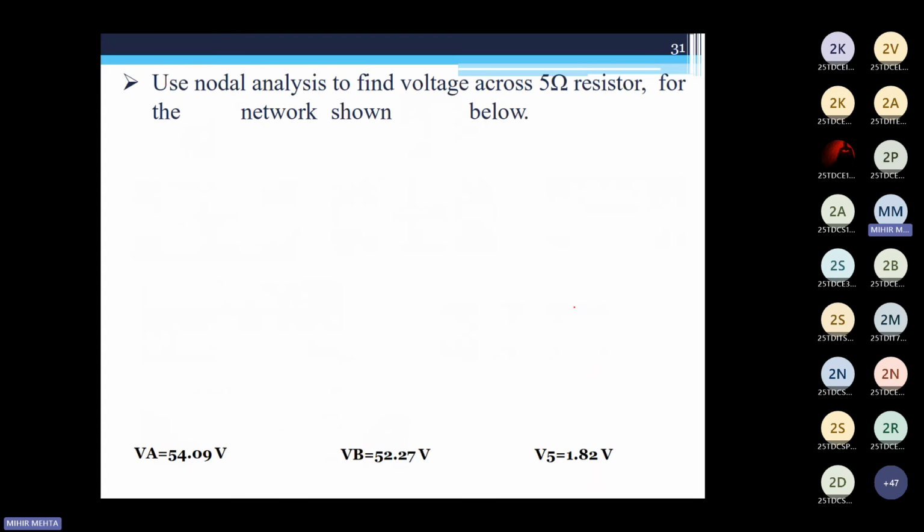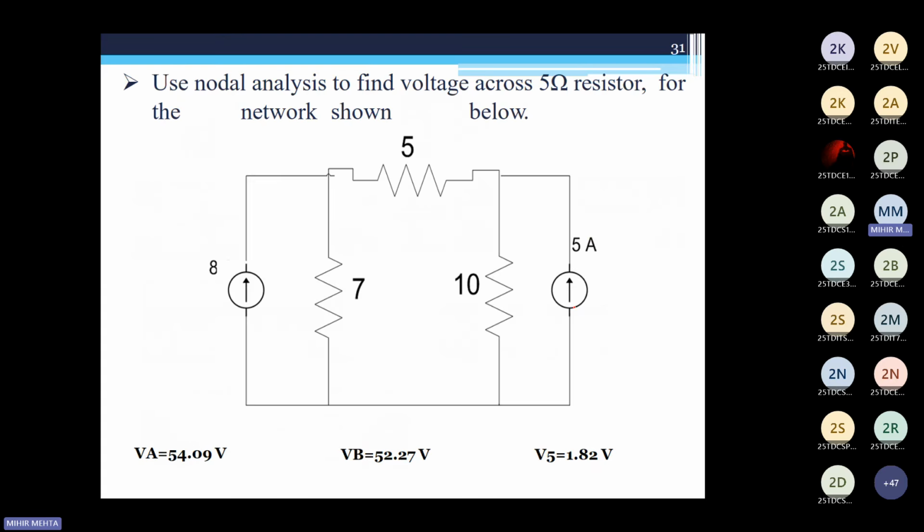Now I have another question here, and the answers are given to you, but I don't want you to solve the answers right now. I want you first to make the equations. Okay. So I give you 2 minutes time.